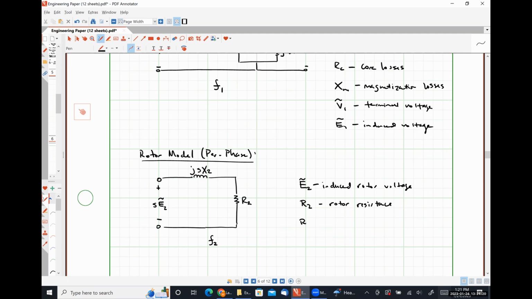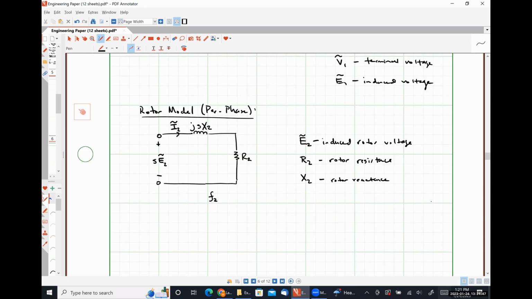We'll get into that in a moment. And X2 represents the rotor reactance per phase. Okay. And this current I2 is our induced rotor current.